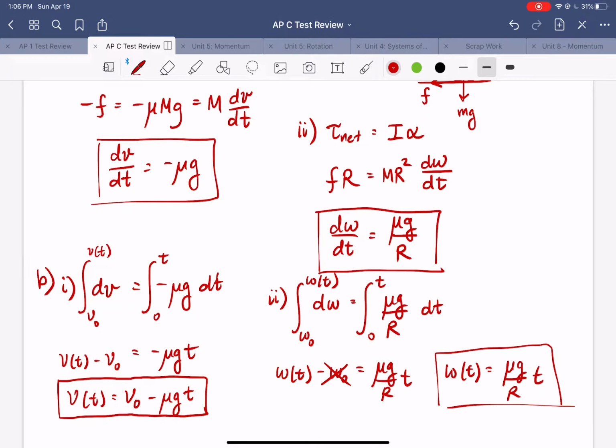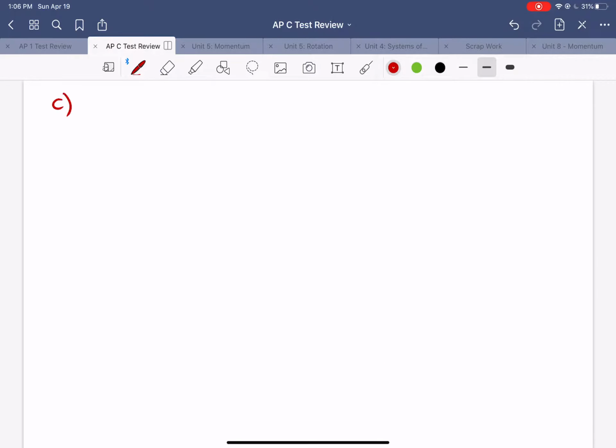Okay, so part C, we want to derive the time that it takes the ring to travel the distance L. So we know that after it travels the distance L, we have this condition being met that v of t equals omega times r.